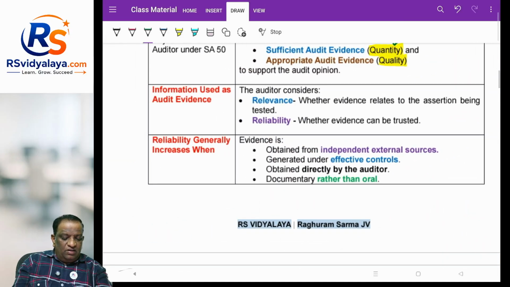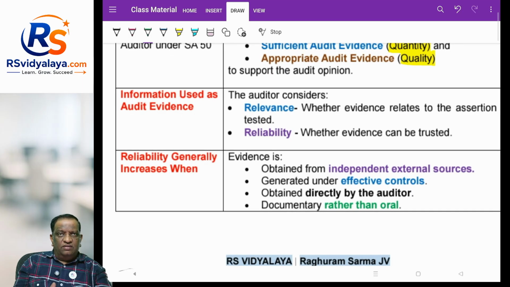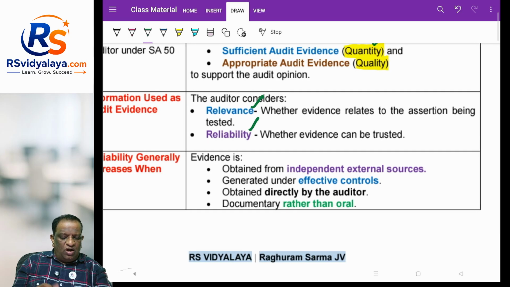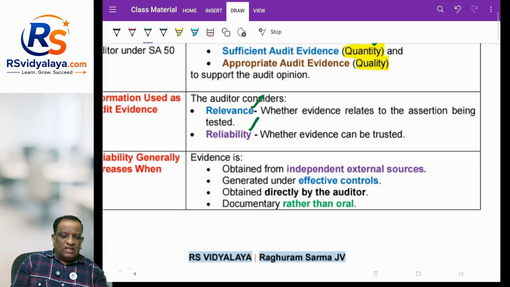Then whatever the audit evidence that you are gathering, the standard says that it should first be relevant and it should be reliable. That is where we get further into how do I know that the evidence that I am collecting is reliable?